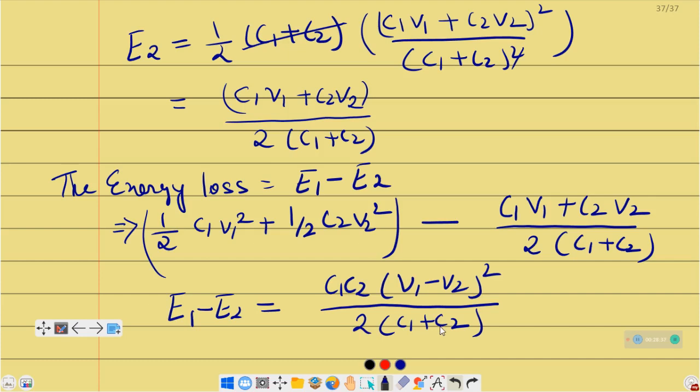So that is the energy loss on sharing charge. When we are connecting two capacitors with different potentials, the energy loss will be equal to that much.